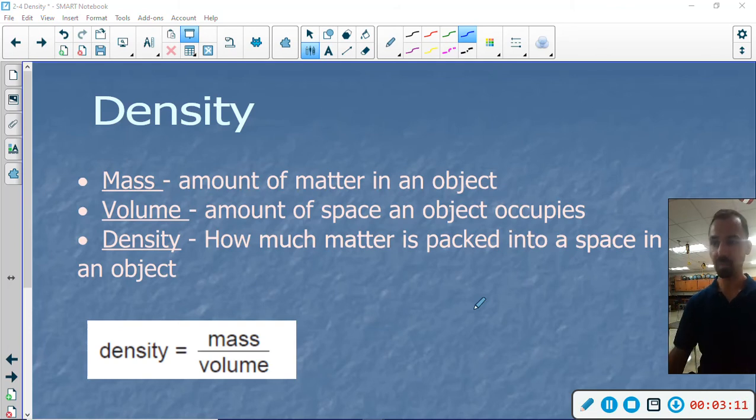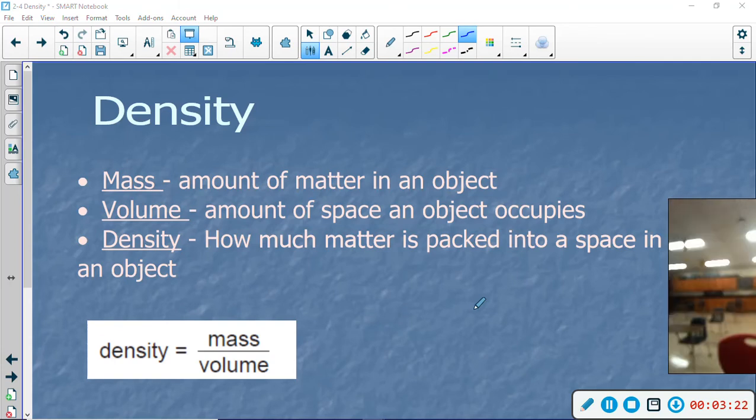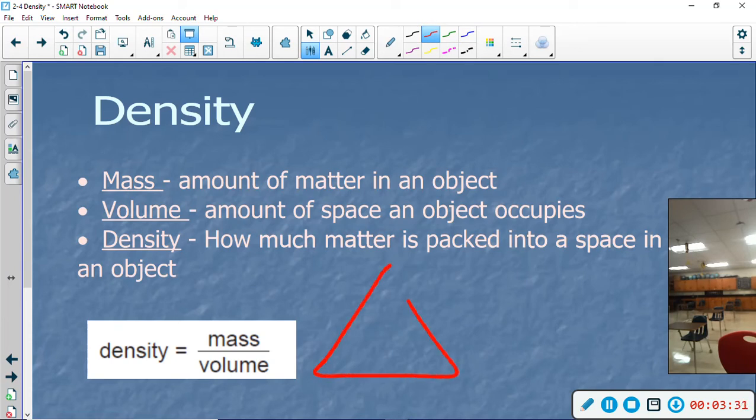All right, also to rearrange this equation, because sometimes you'll want to find the mass or the volume from density. So the way you can do this, I'm going to give you a quick little way to remember, is a little triangle that we can make. Density goes on the bottom left, mass on top, volume on the bottom right. So DMV, I remember, like Department of Motor Vehicles.